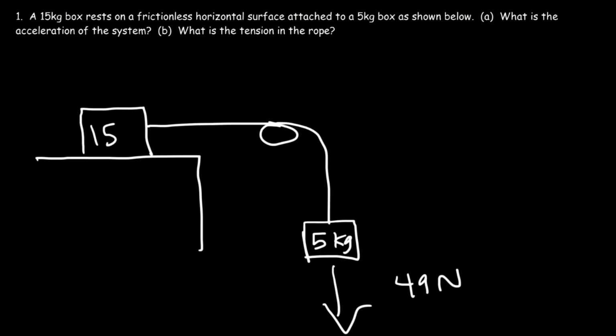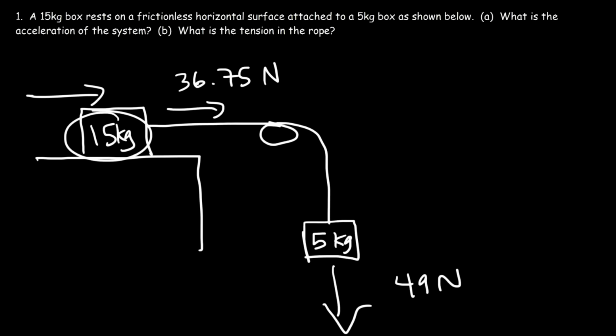Now the 15 kilogram mass is being pulled to the right by a tension force of, I believe, 36.75 newtons. You want to make sure all these numbers make sense. The net force on this mass is basically 15 times 2.45, which is the same as the tension force, because the tension force is the only force acting on the block.